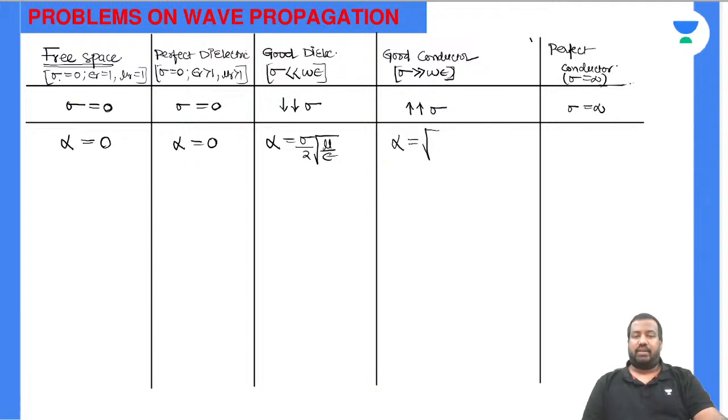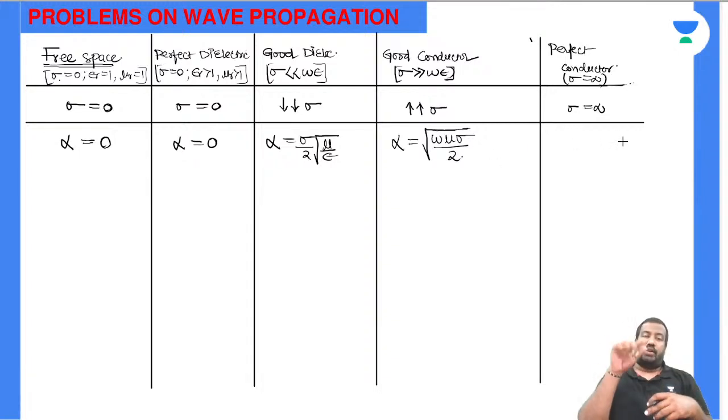All this we have derived in our previous sessions. For good conductor, alpha is under root of omega mu sigma by 2. Good conductor, sigma is a large value, therefore alpha is also very large. That means the wave will attenuate more in a good conductor when compared to a good dielectric.